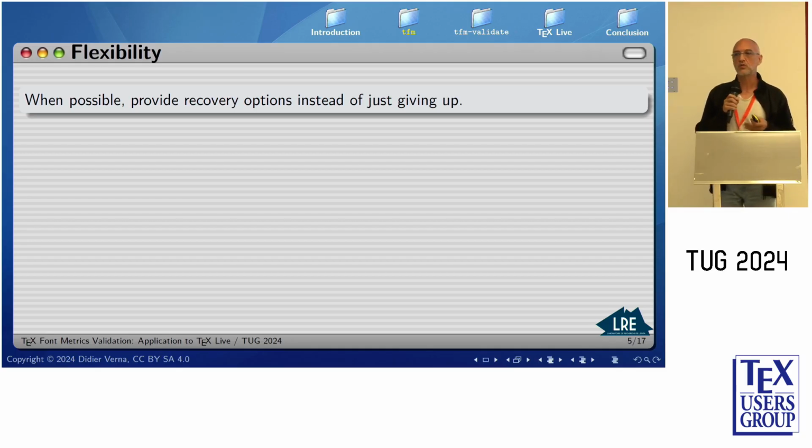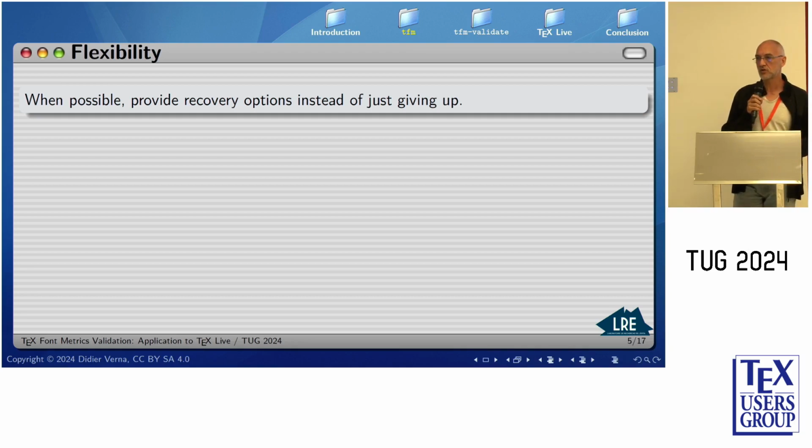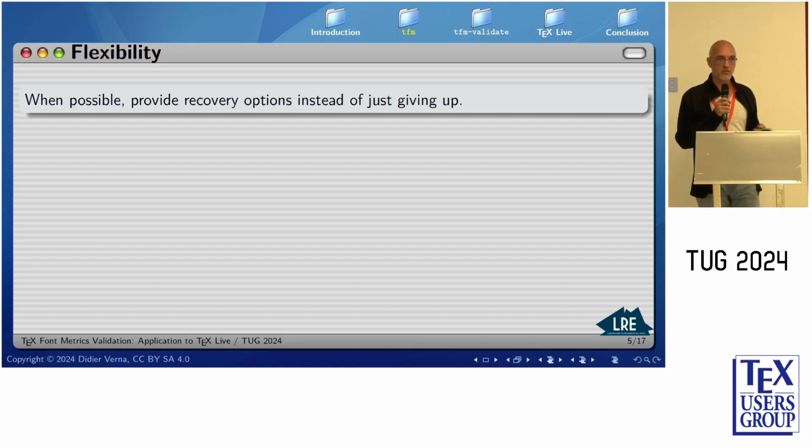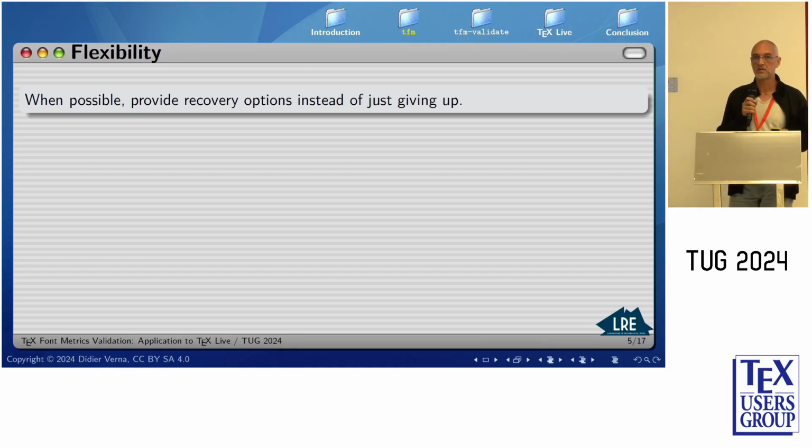Most of the time when you load a font and there is a problem inside, what you want to do is fall back to another font and just say, no, there is a problem in there, I don't want to do anything with it. But because I'm a complete psychopath, I like to add as many recovery options as possible. This is arguable, but again, as we will see, it has some advantages, especially when you want to write not only a parser, but a validator.